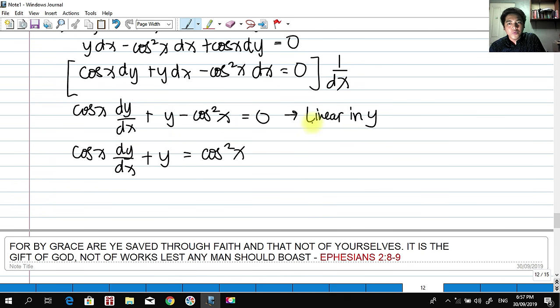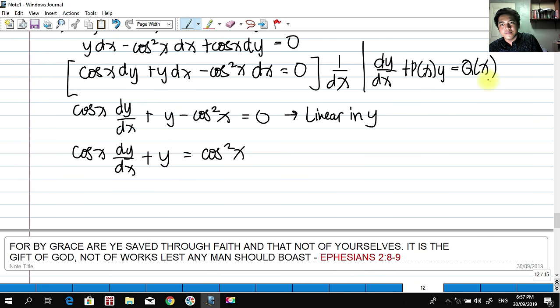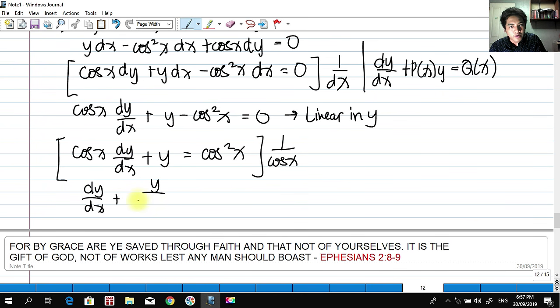And what do we need to do? Linear in y is dy/dx + p of x times y = q of x. So I'm going to divide this by cosine of x. Dividing that, dy/dx + y over cosine of x = cosine squared x divided by cosine x, which is cosine of x.